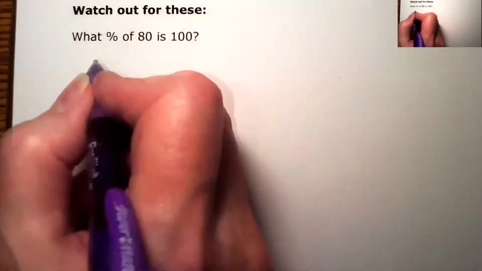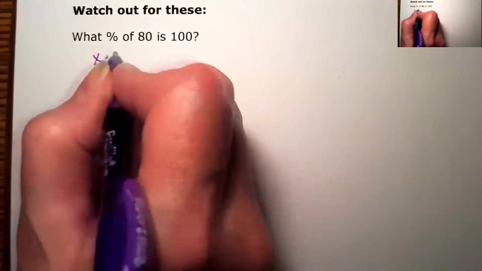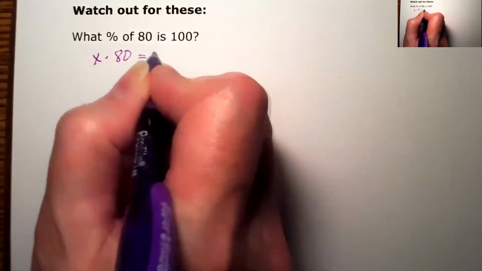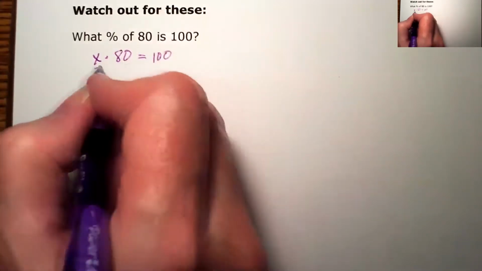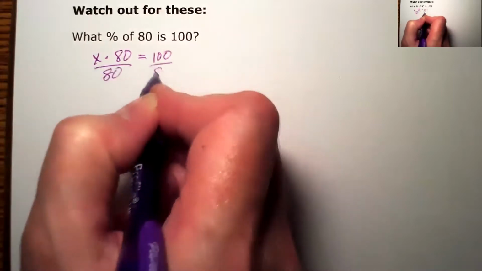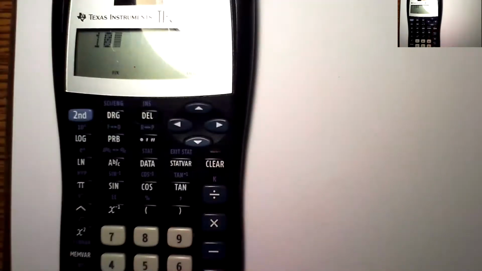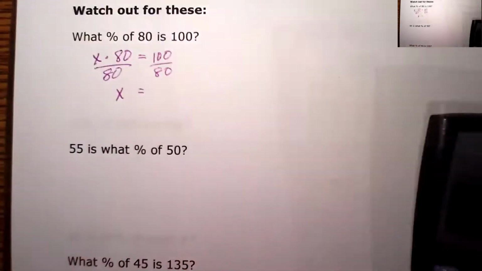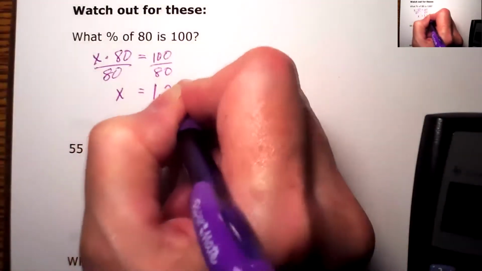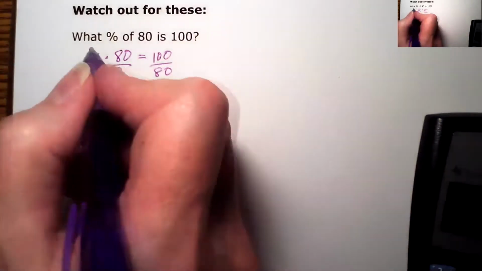What percent, so we don't know this, times 80 equals 100. So we have 80x, we're going to divide by 80. And x is going to equal 100 divided by 80, which is 1.25. But remember, this is a percent.